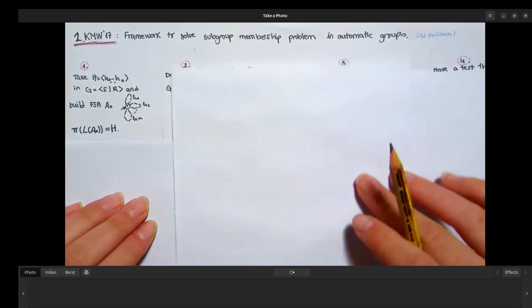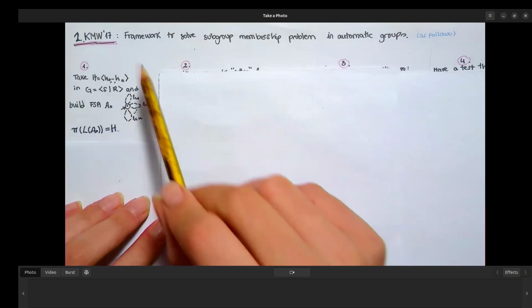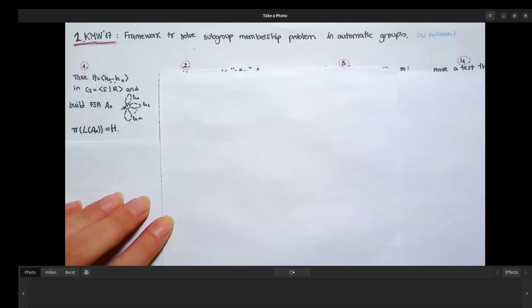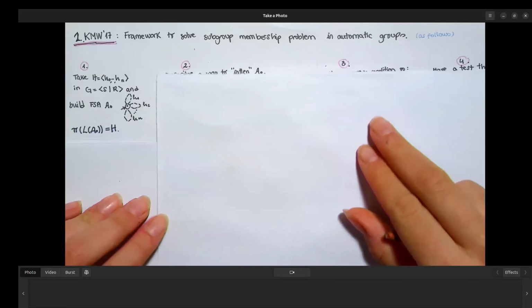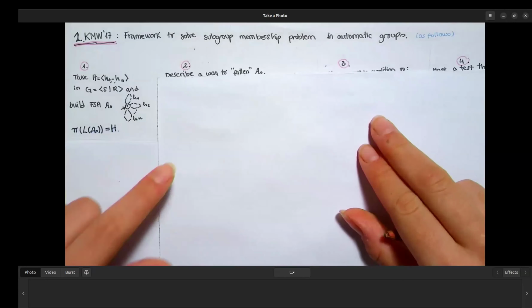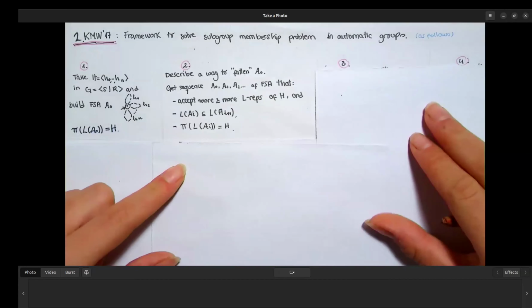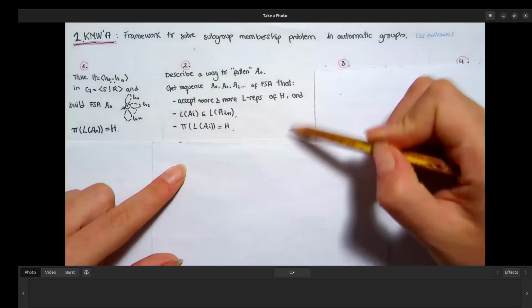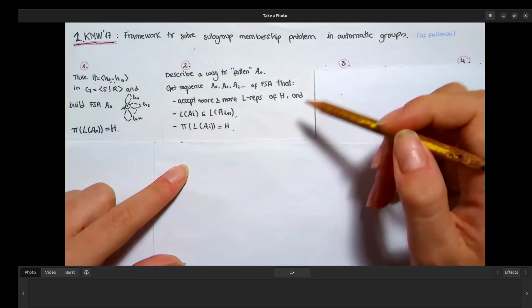The second ingredient is a way of fattening this initial automaton A0. This would be the equivalent of Stallings foldings in a free group.